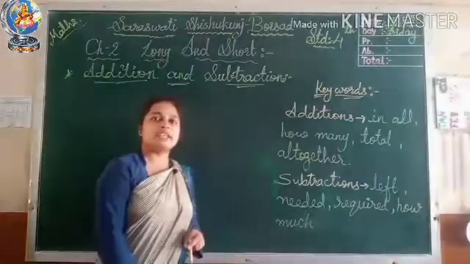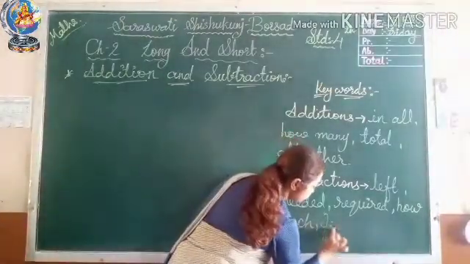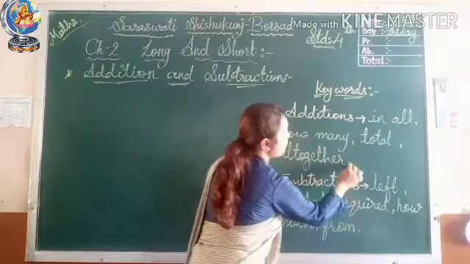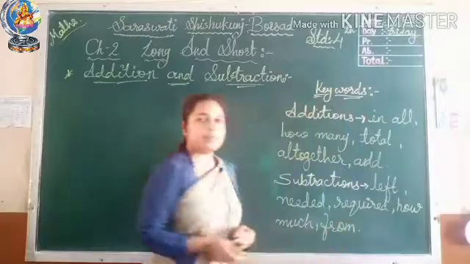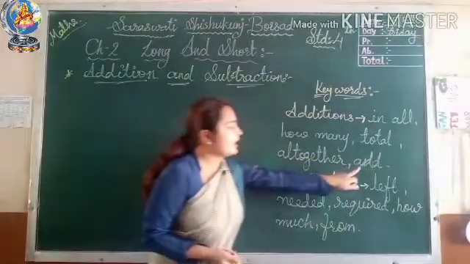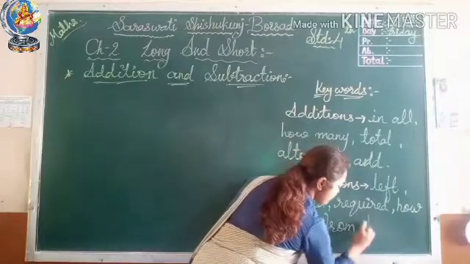So these are the keywords for from, and here another word is there, and. Okay, most probably and, from, another word is also there for the subtraction, it is difference.